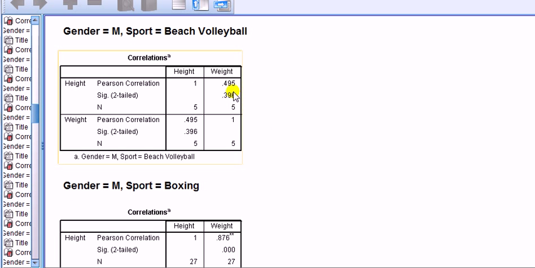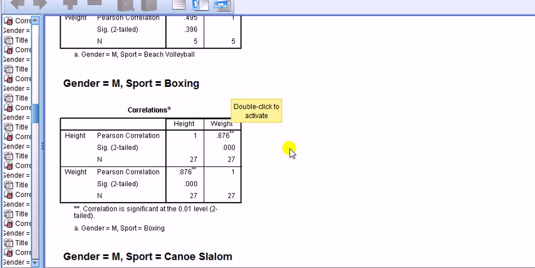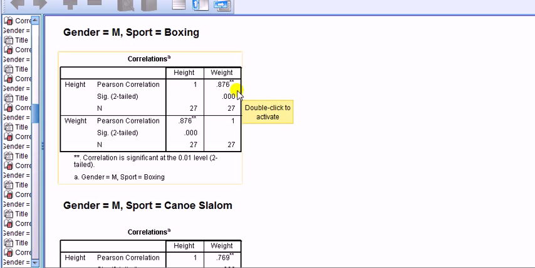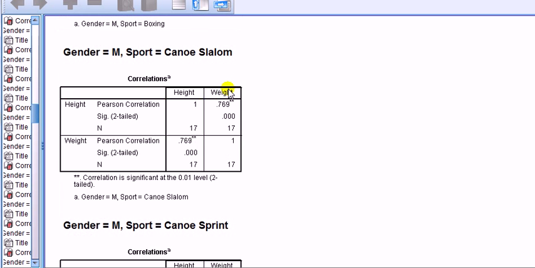Beach volleyball, opposite, it's not as important, it's about 0.5. Boxing, well, that has weight categories, but still the correlation is high. So in other words, the proportion of weight and height is quite tied close together.